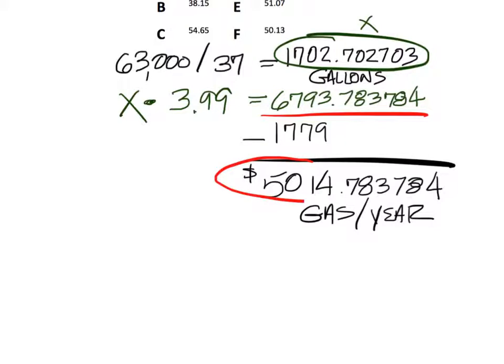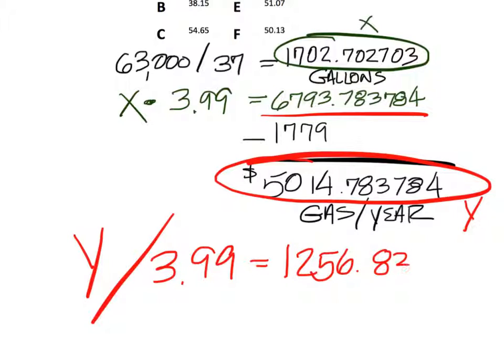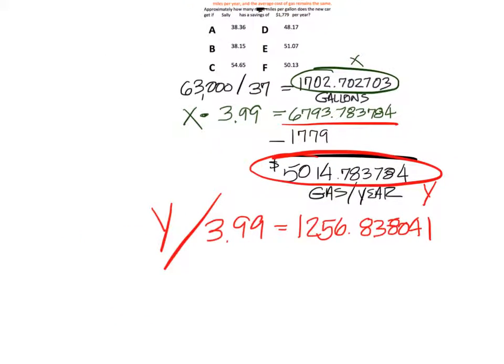Let's let this represent y. So let's do y divided by $3.99. So it comes out to be 1256.838041. That represents how many gallons?